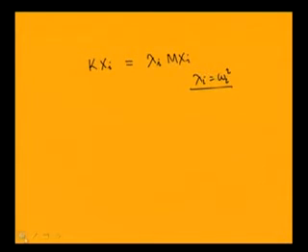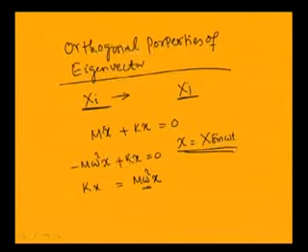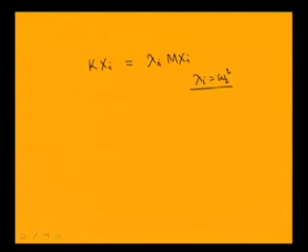For the ith mode, k x i sin omega i t will be equal to m omega i square x i sin omega i t. The sin omega i t will cancel from both sides, so this can be written as k x i equal to lambda i m x i, where lambda i equal to omega i square.